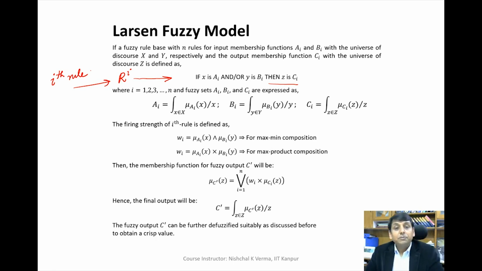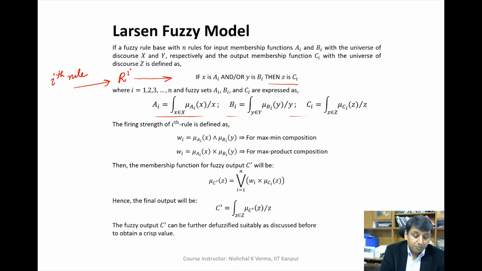Now, if we have, let's say, n number of rules, Ai is the fuzzy set for the antecedent of the ith rule, Bi is the fuzzy set for the antecedent of the ith rule. Similarly, Ci is the fuzzy set for the output.